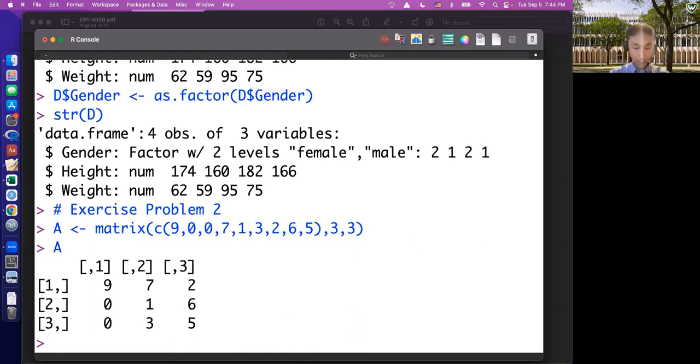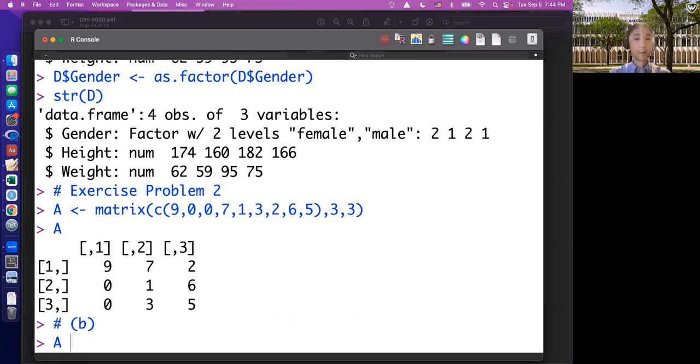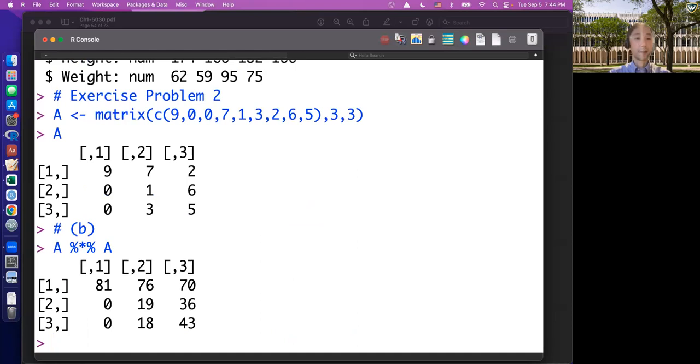So A is this matrix. Then A is done. So B, the obtained matrix product, is A times A. So obtain A to the negative third power.